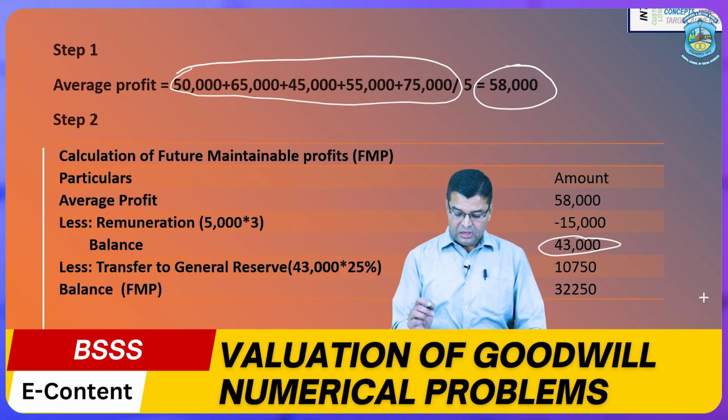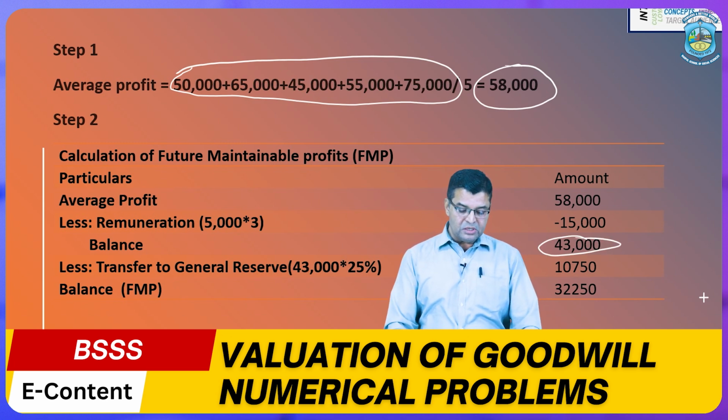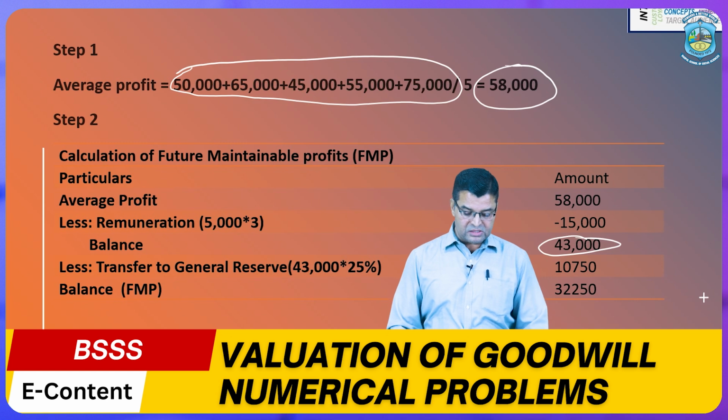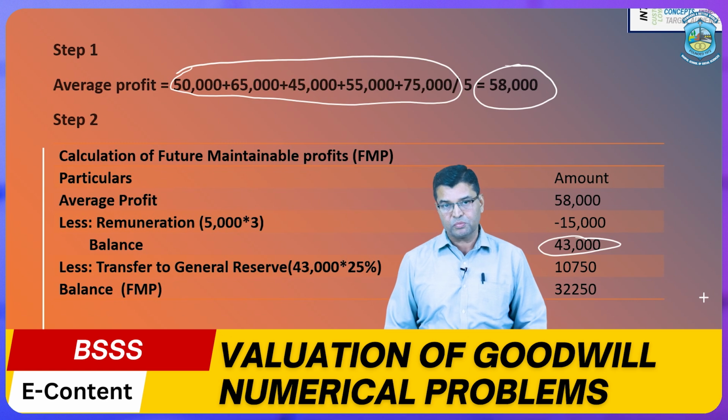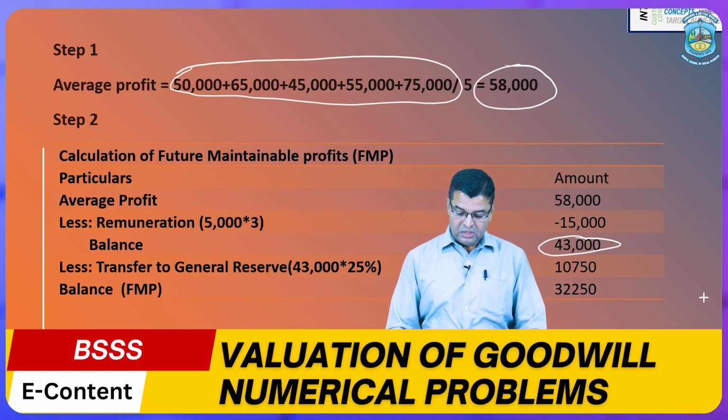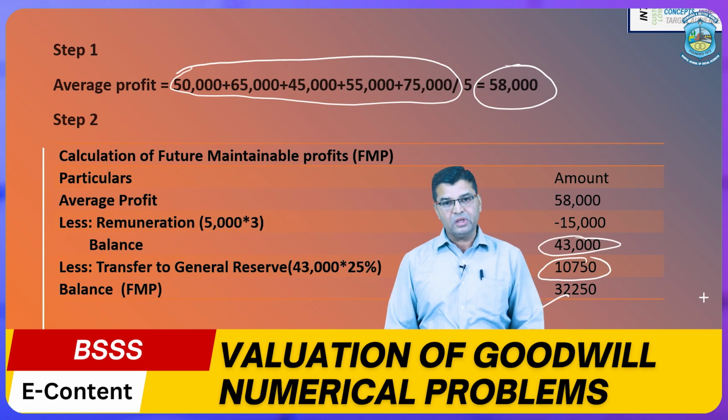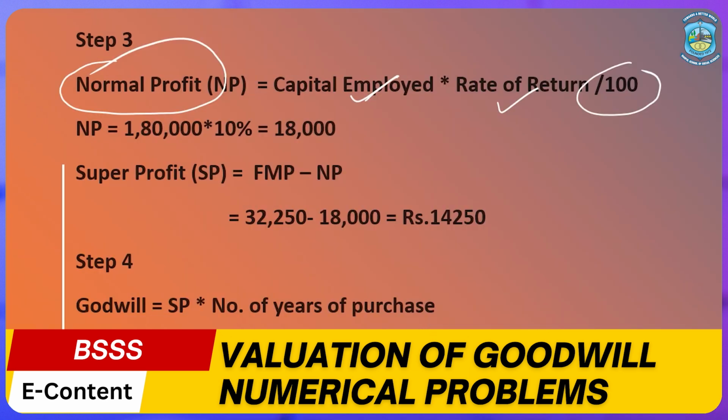Out of this 43,000 rupees, 25% will be deducted as general reserve, because we are going to transfer 25% of the remaining profit, that is 43,000 rupees, to general reserve, which amounts to rupees 10,750. Finally, the total balance left is 32,250, which is also called future maintainable profit.